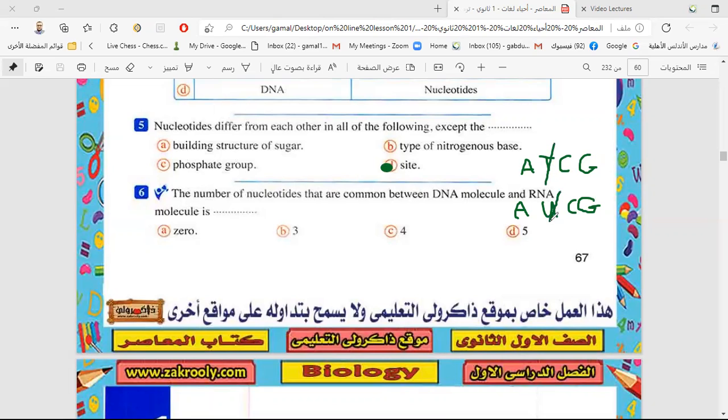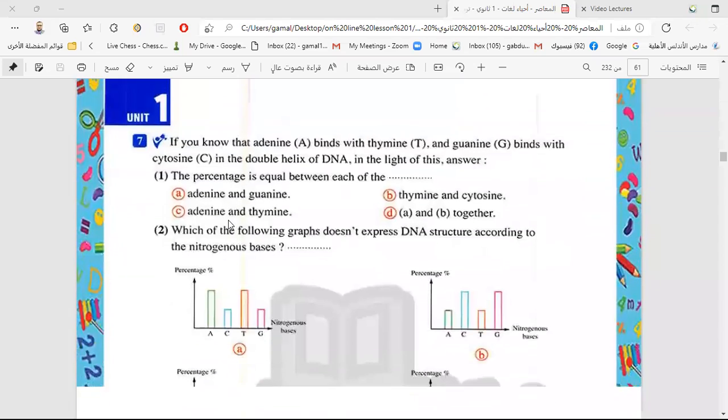So if we remove T and U, we have 3 similar nitrogenous bases. So the answer will be 3 common between DNA and RNA. 3 nitrogenous bases and 3 nucleotides are similar or common. Okay, the answer will be 3. Let's move to another question.